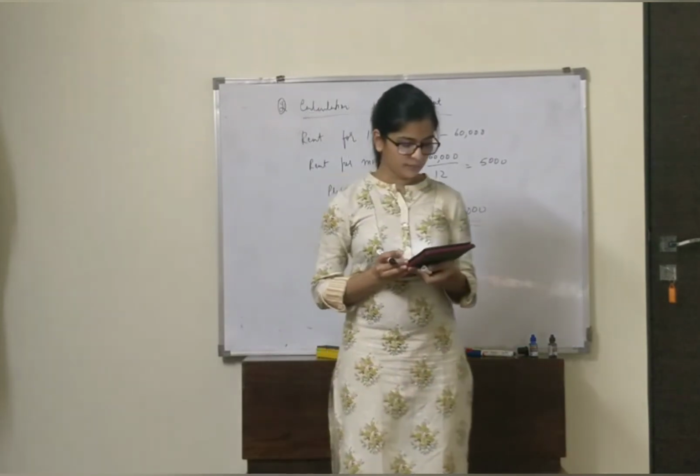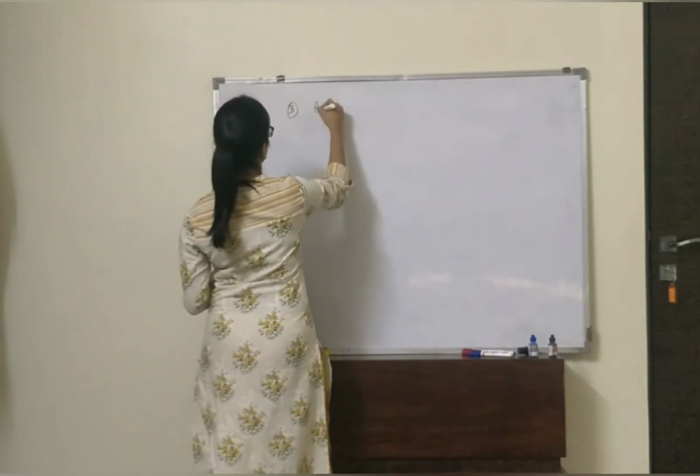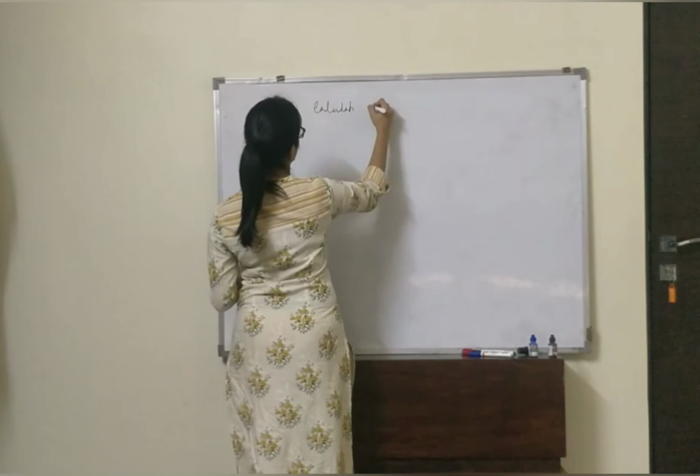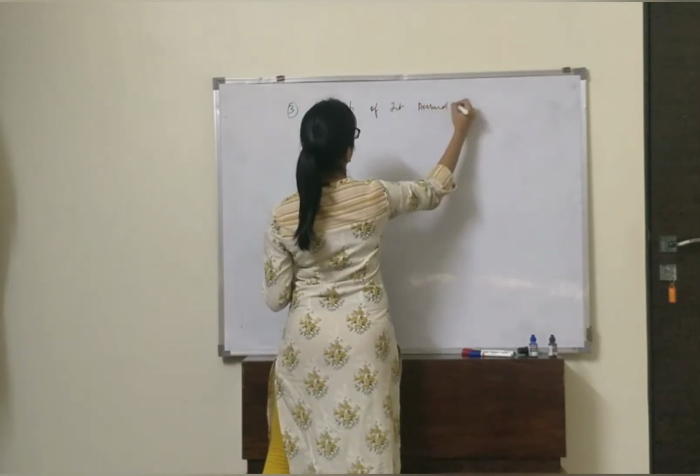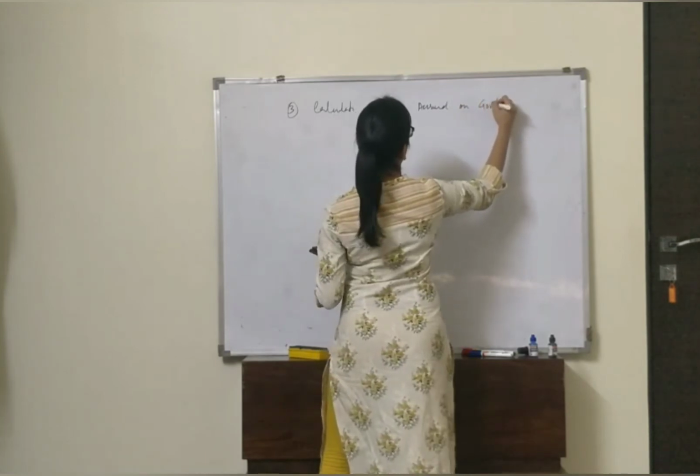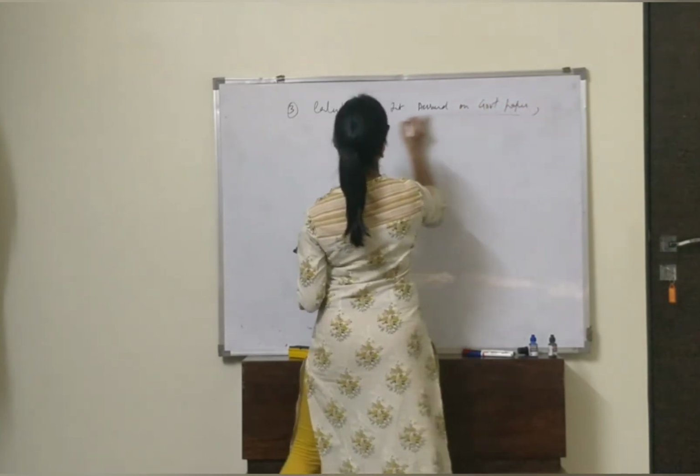Write down the third one. Calculation of interest accrued on government papers.